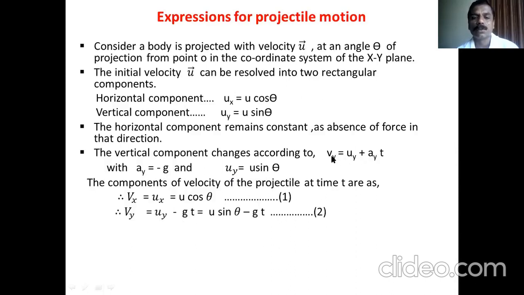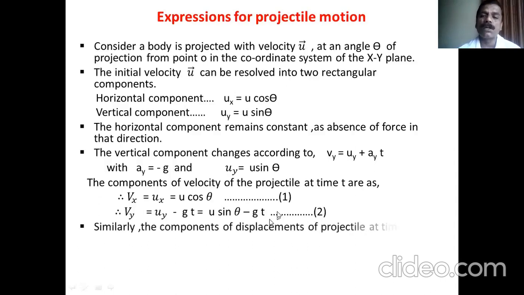Okay, so you will find vy is equal to uy minus gt, with ay equal to minus g, and uy replaced with u sin theta. So you will get this very important equation, equation 2. So this is the velocity along the x-axis, equation 1, and the velocity along the y-axis is equation 2.